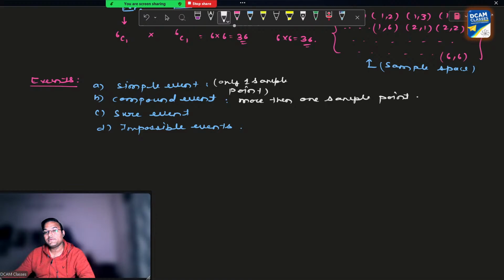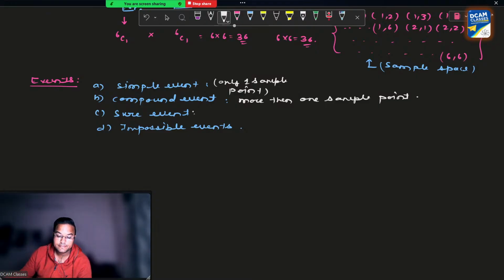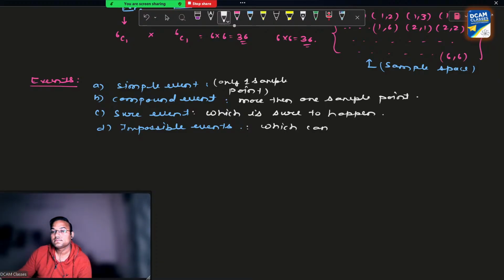These definitions are actually not useful because they won't help in solving problems. Sure event means which is sure to happen. Impossible event means which can't happen. All basic things. Now you may be thinking, what is the use of all these definitions?